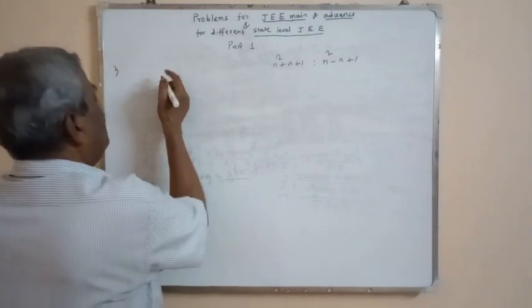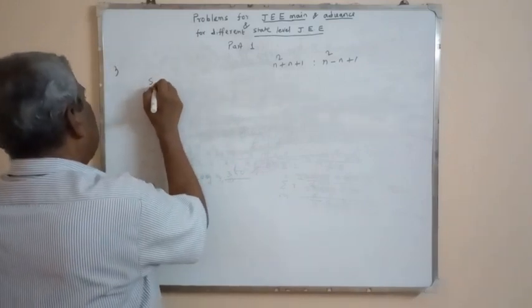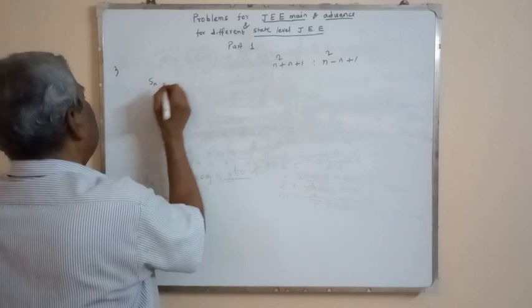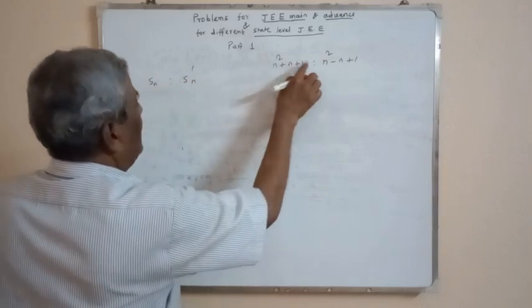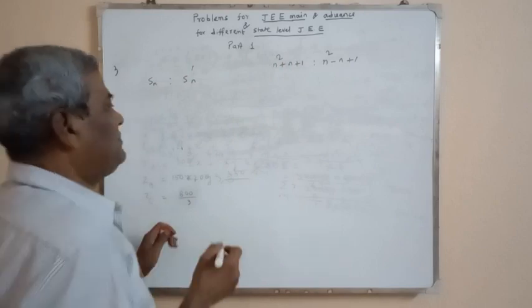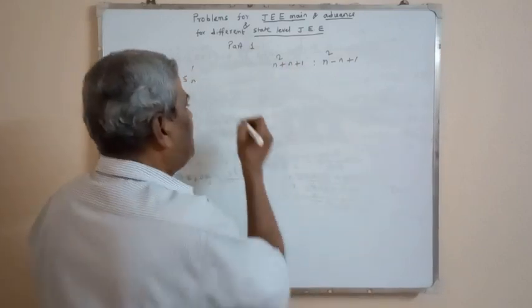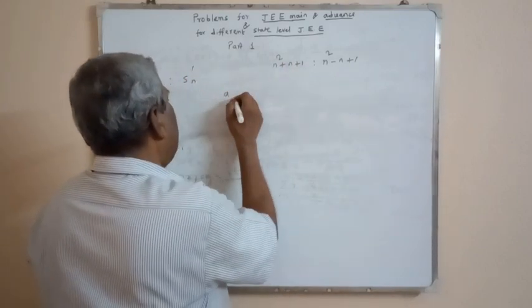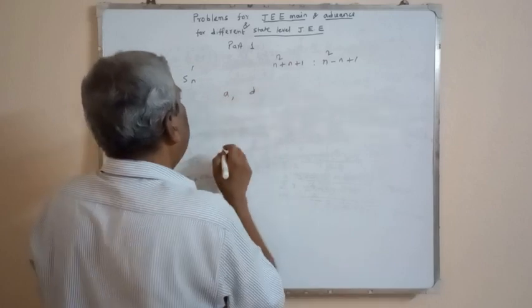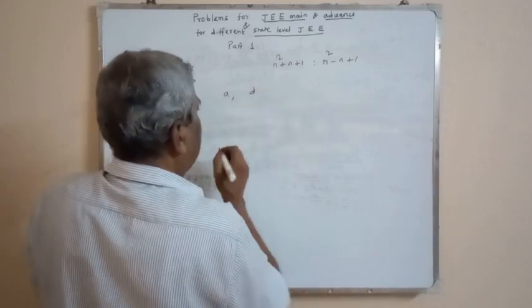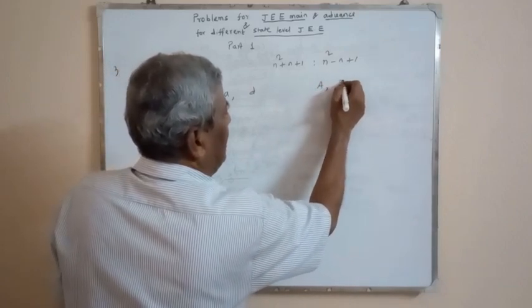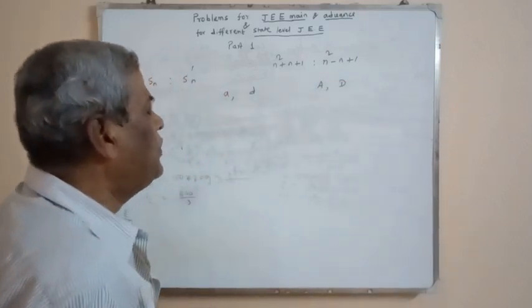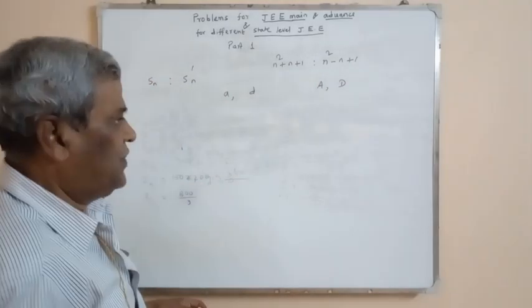So actually we are given the first series as Sn and the second series as S dash n, and that is equal to that ratio. Suppose for solving the problem, small a is the first term and small d is the common difference of the first series, and capital A and capital D are the first term and common difference of the second series.